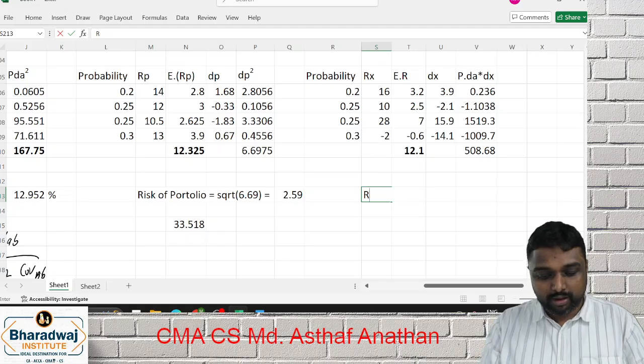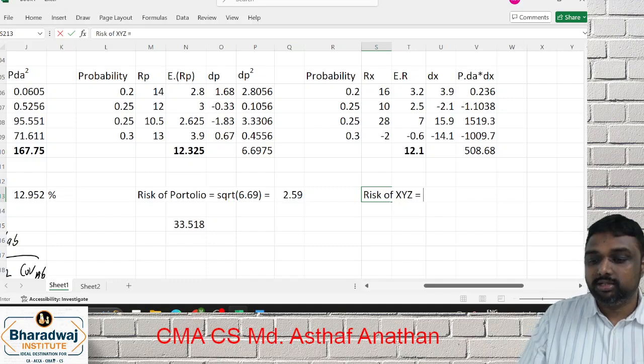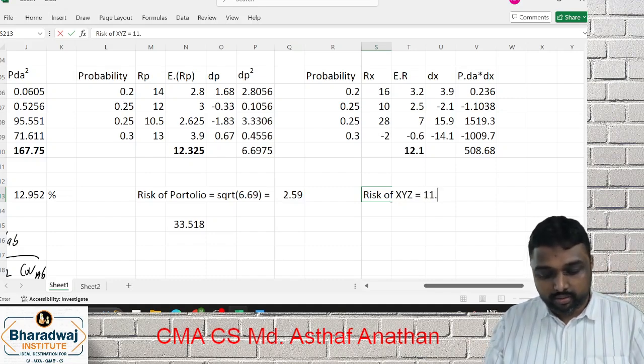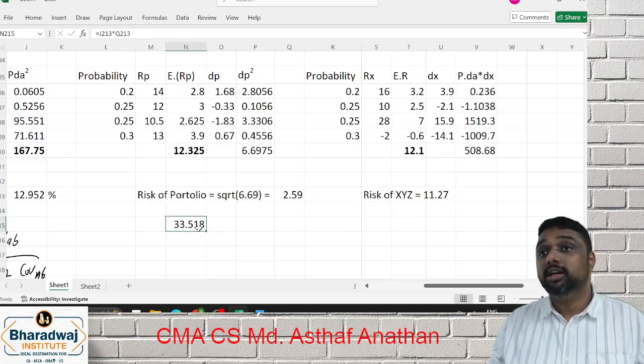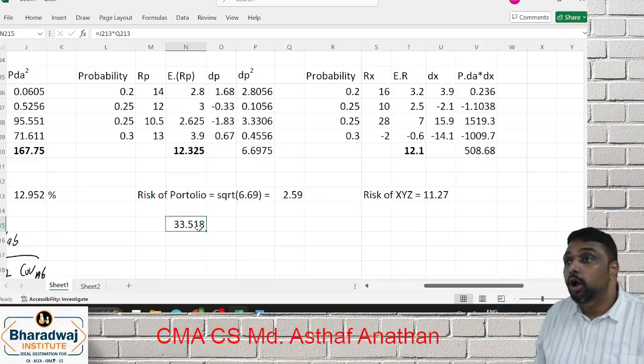Can you just tell me? You might have already written the risk. What is the risk of XYZ? You might have already computed. What is the risk of XYZ? 11.27.